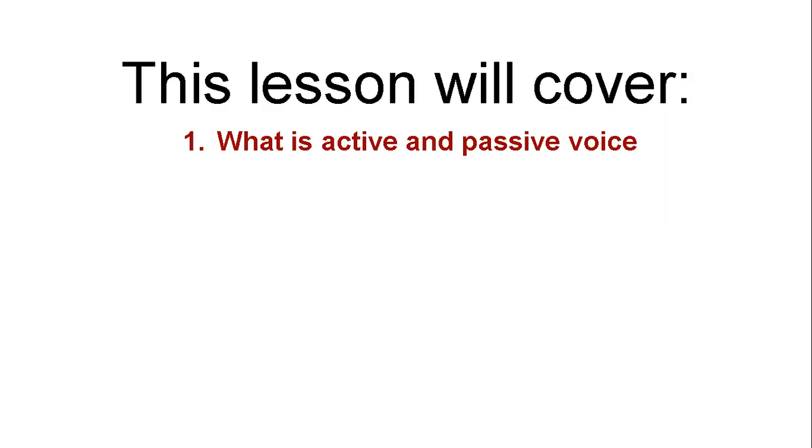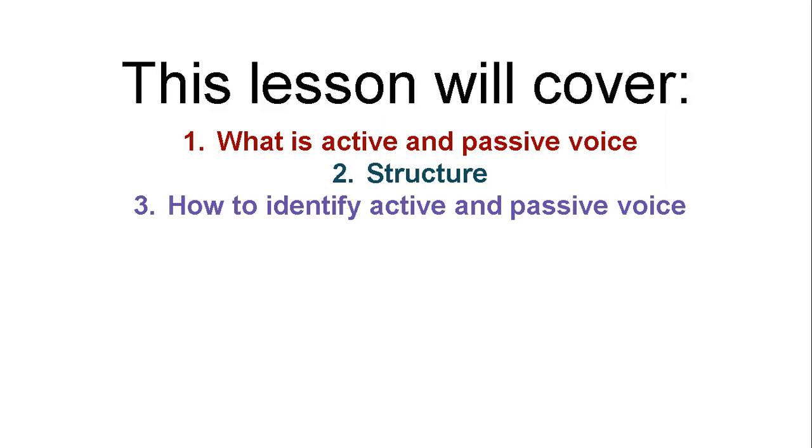Okay? So this lesson will cover first of all what is active and passive voice, because you need to understand exactly what it is before you move on. The structure of a sentence in active voice and the structure of a sentence in passive voice. How to identify active and passive voice.